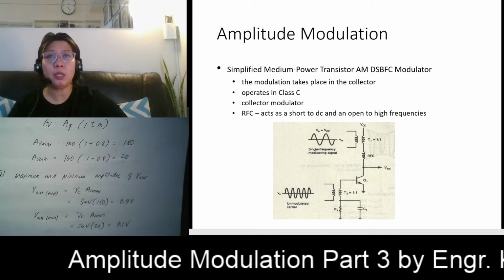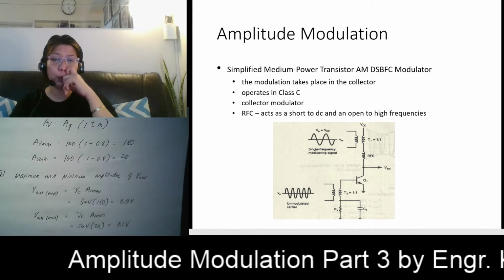So it isolates your DC power supply from the high frequency carrier and the side frequencies while still allowing the low frequency intelligence signal to modulate the collector of Q1. Technically it is isolating your three different frequencies, and still allowing your intelligence signals to modulate the collector part of your Q1.